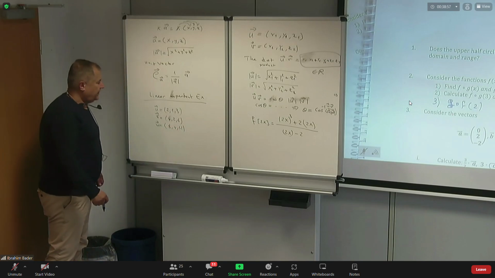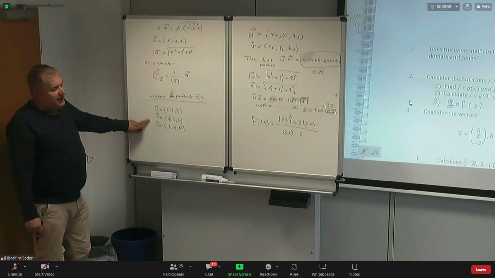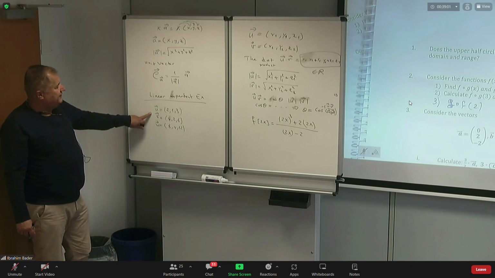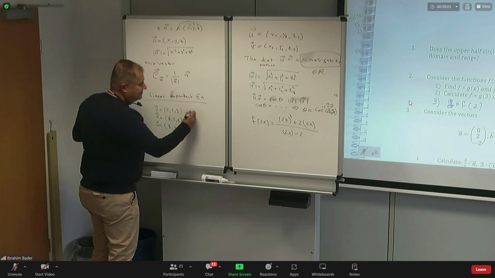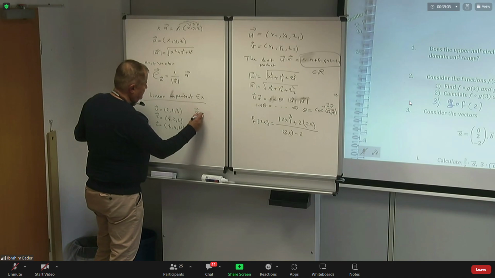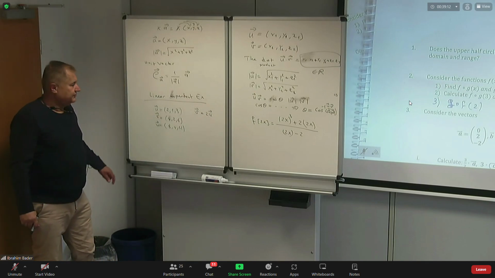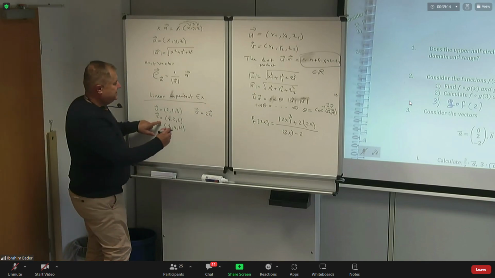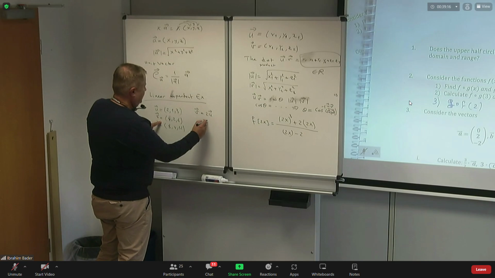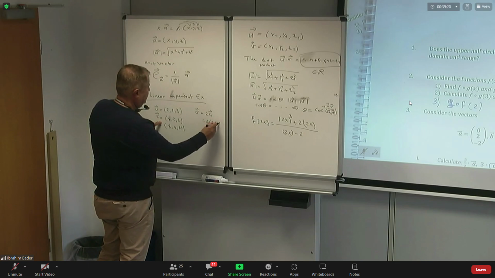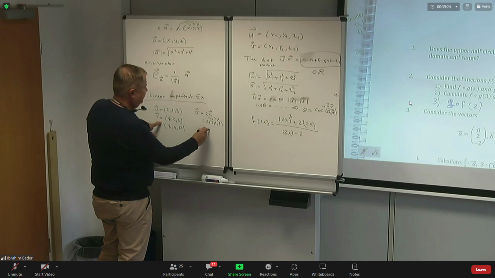Now you see here that I can write v equals 2u. Agree? So this is equal to 2 times 2, 1, 3. If you multiply everything by 2, you get 4, 2, and 6.